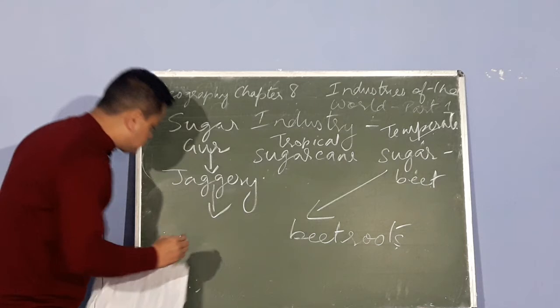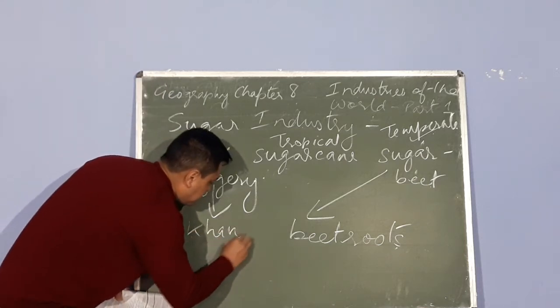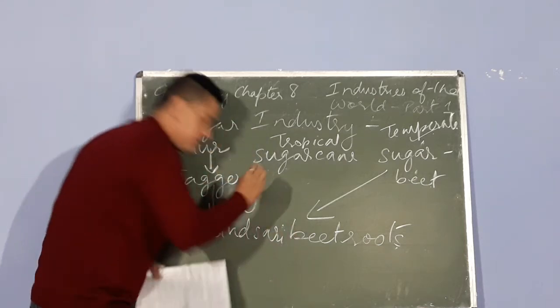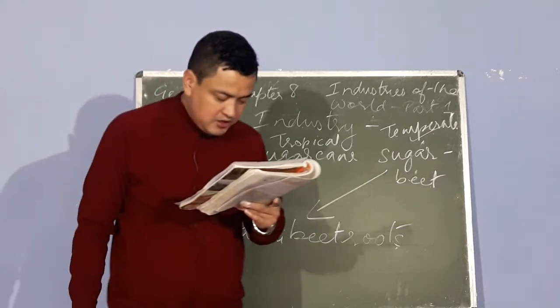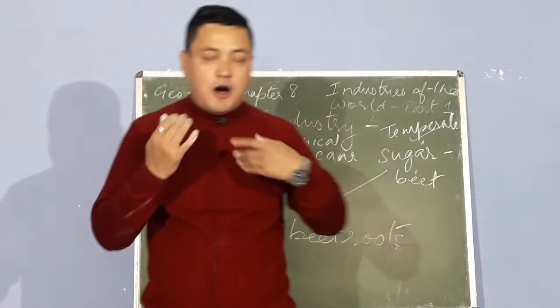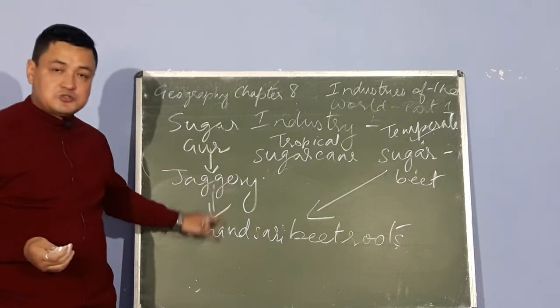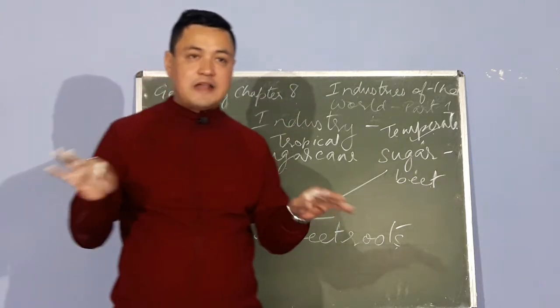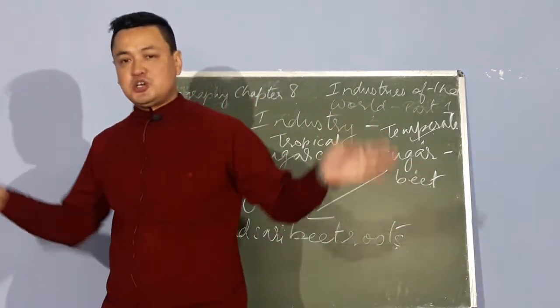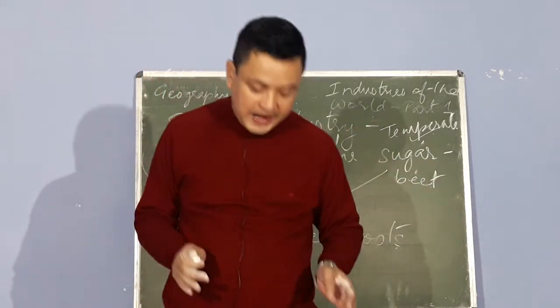That white sugar is known as khansari. Remember that. So the sugar obtained from the liquid jaggery is known as khansari. You can Google it and you can find khansari products on Amazon and Flipkart also.